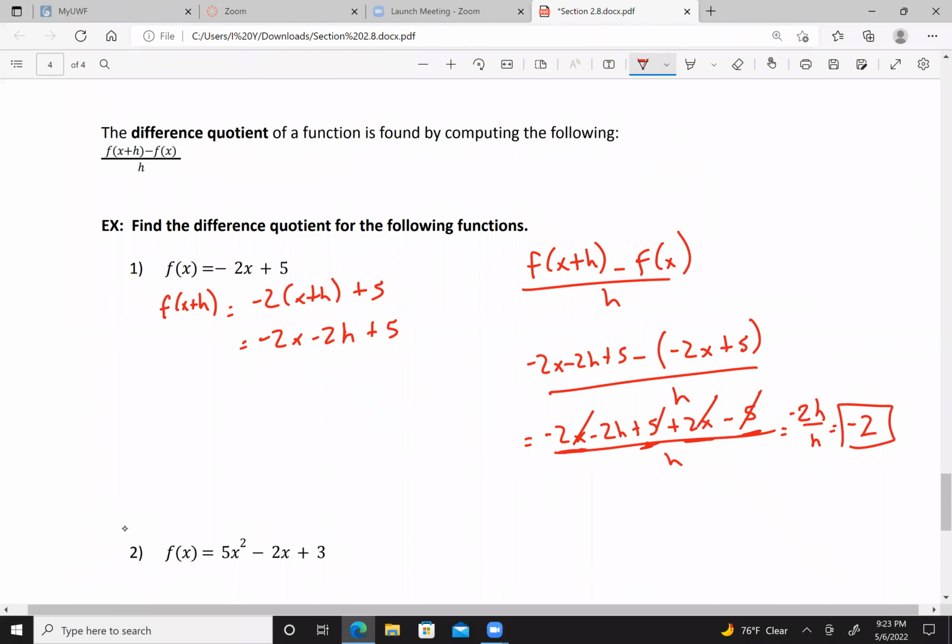If you have a curve, we can pick a point, f of x and f of x plus h, and then we have this line. The difference quotient is the slope of this line, which is called a secant. So in this case, our function was a line with a slope of negative 2.